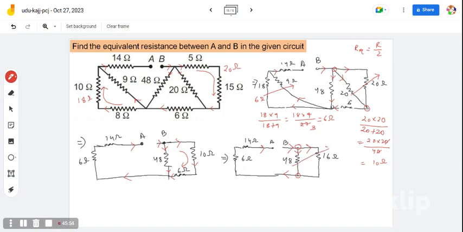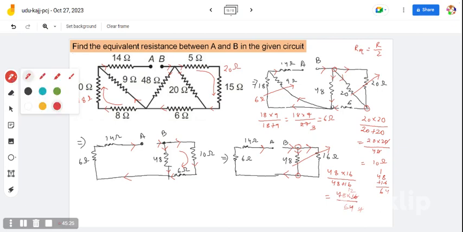So 48 and 16 ohm will be in parallel. So what will be the equivalent resistance? 48 into 16 divided by 48 plus 16. 48 plus 16 is 64. So 48 into 16 divided by 64. So 16 into 4 is 64, 4 into 12 is 48.